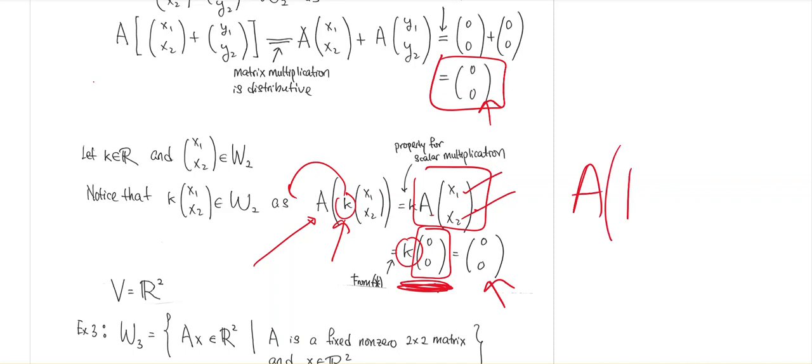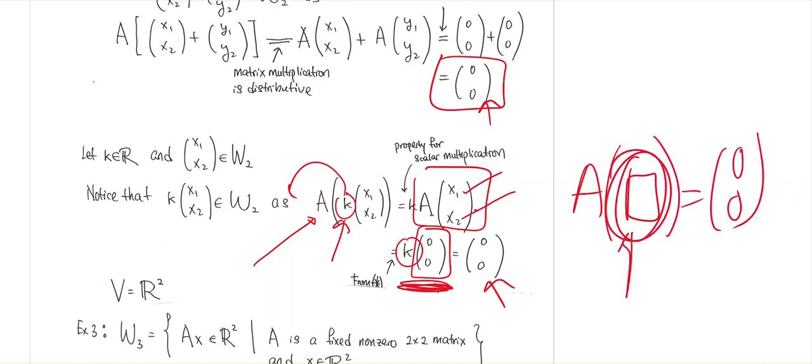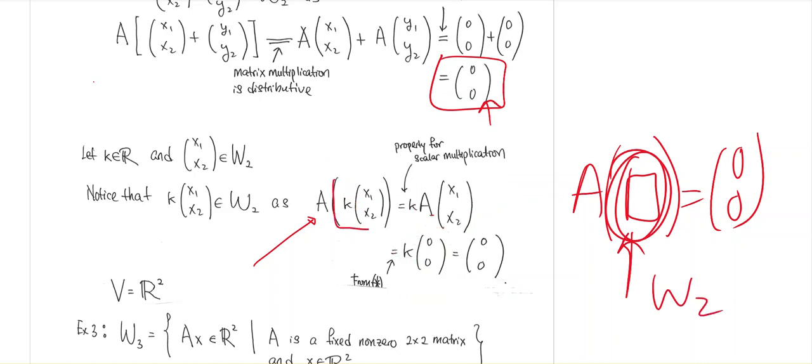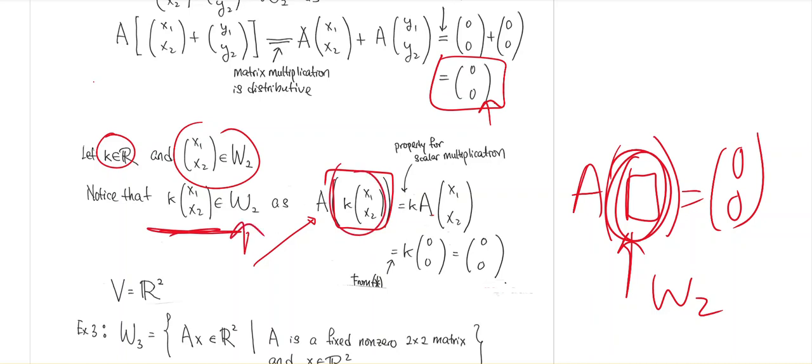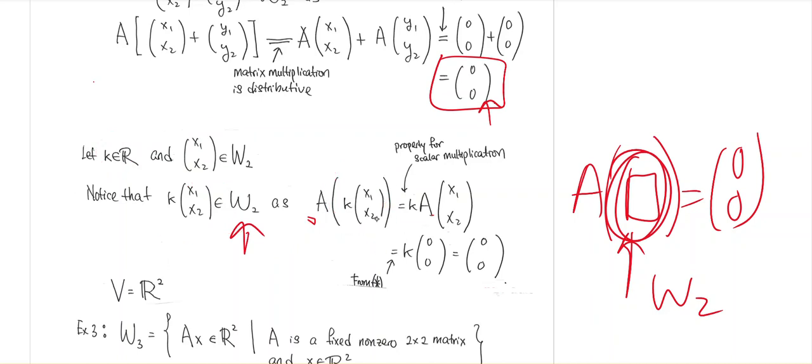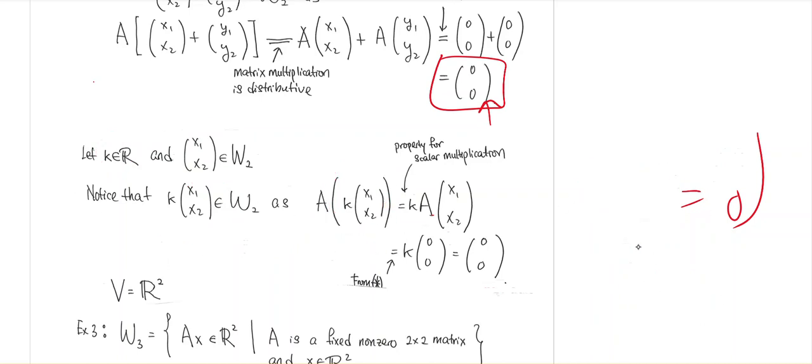So A of that thing is equal to 0, 0, and that thing has to be in W2. So we have shown that if you take a number K and an element here and multiply them, that thing is still in W2. So W2 is closed under scalar multiplications. W2 is both closed under additions and scalar multiplication.